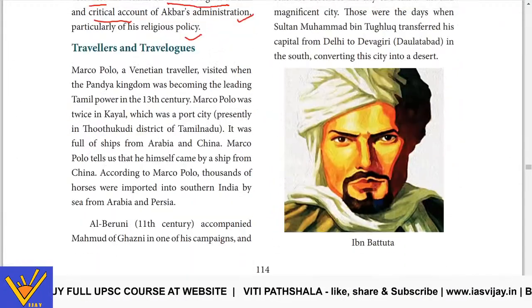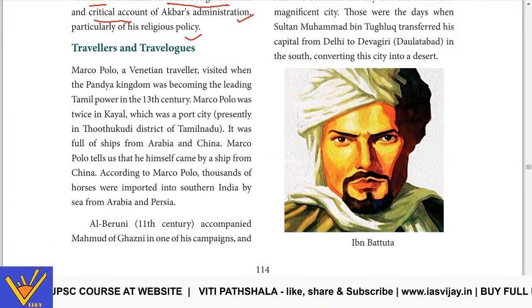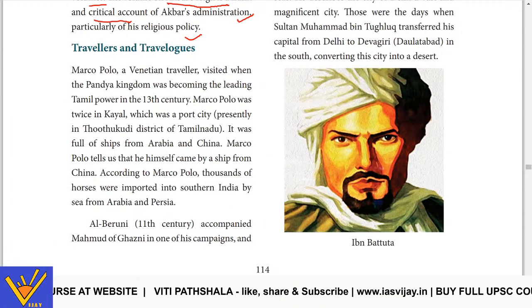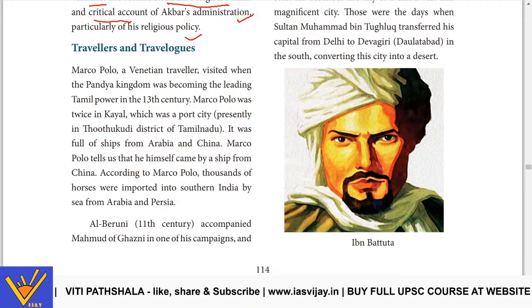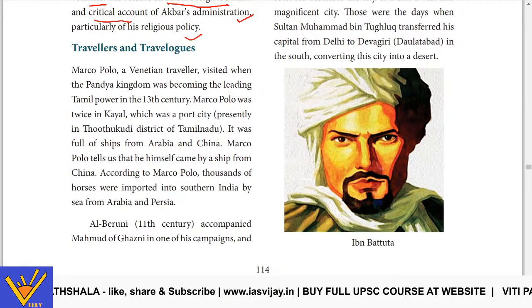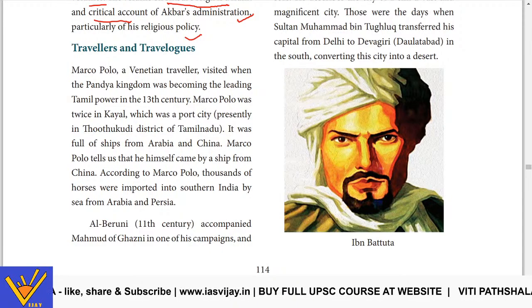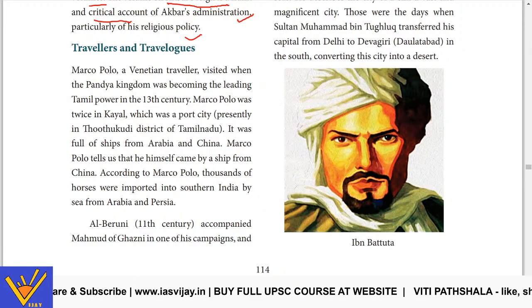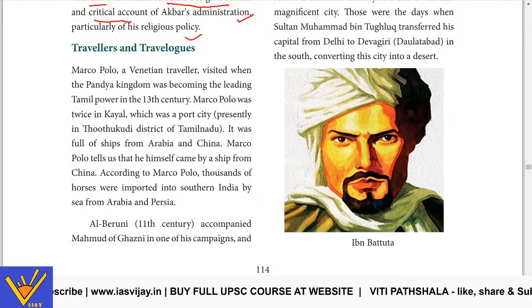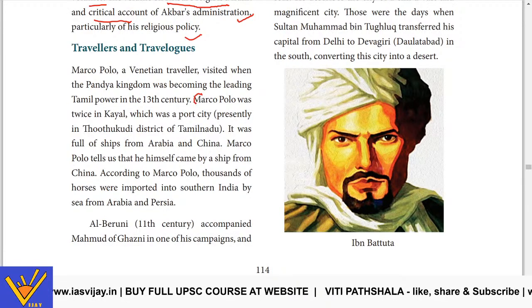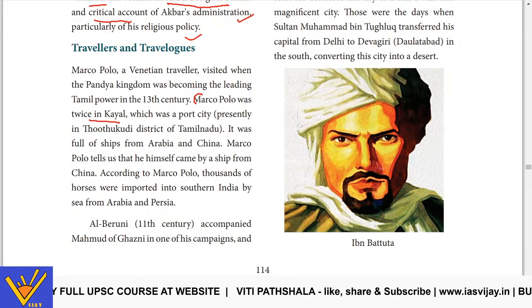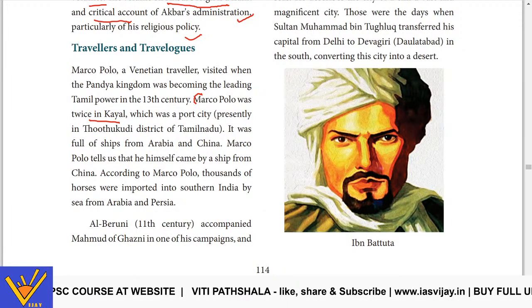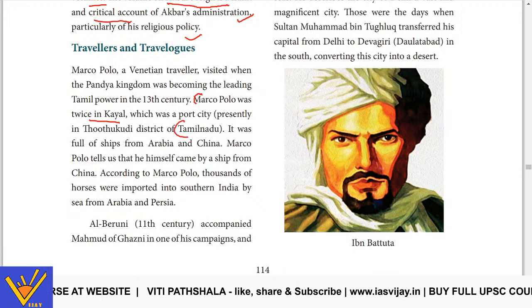Then travel accounts and travel logs, from them also we come to know about the sources. So Marco Polo, a Venetian traveler, visited when the Pandya kingdom was becoming the leading Tamil power in the 13th century. Marco Polo was twice in Kayal, a port city presently in the Thoothukudi district of Tamil Nadu.